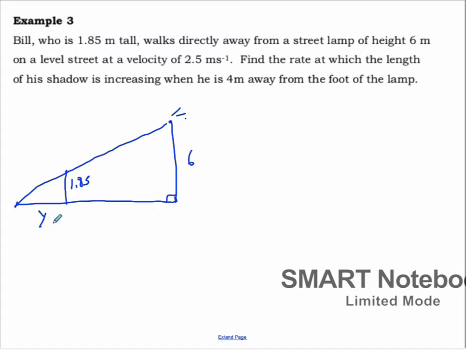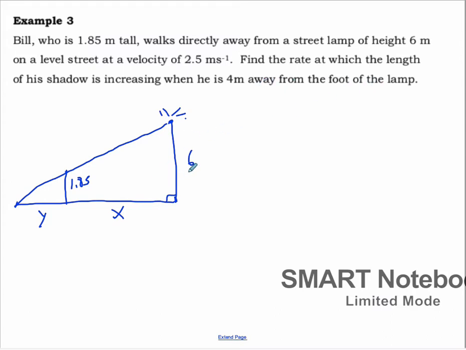We'll call y the shadow, and x is the distance from the lamp. The only things that are constant are the height of the lamp post and of Bill. Find the rate at which the length of his shadow is increasing. He's walking away from the foot of the lamp.